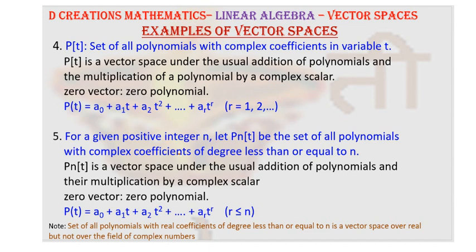What about the situation where there's a set of all polynomials with complex coefficients of degree less than or equal to n? So these are polynomials with complex coefficients, but what is the additional constraint? The degree of the polynomial is less than or equal to n. So in this particular expression, r is not going to go infinitely, it will be limited by n. This is also a vector space.